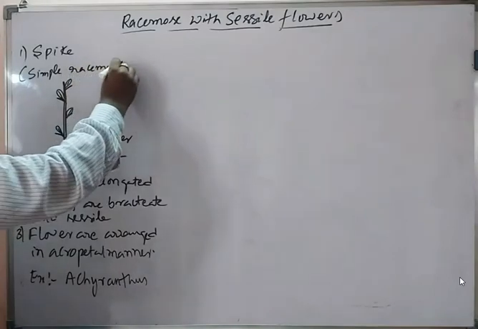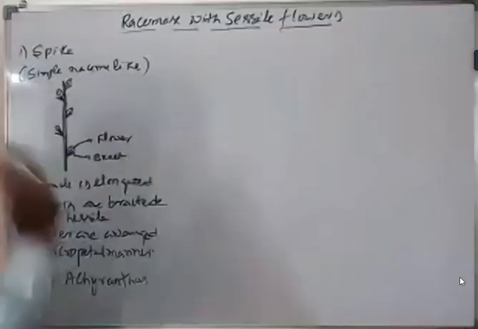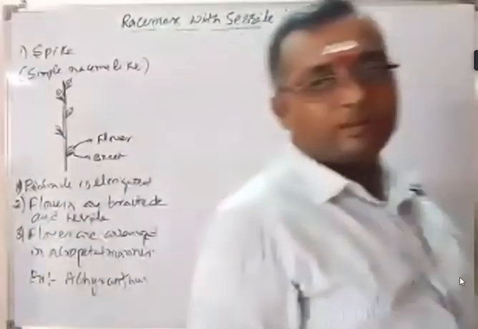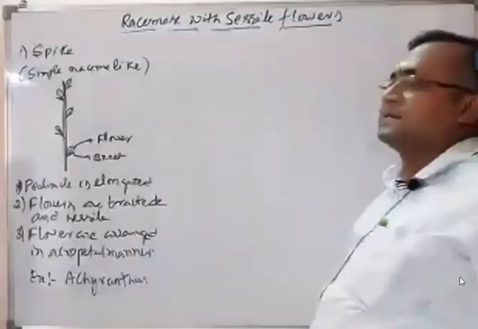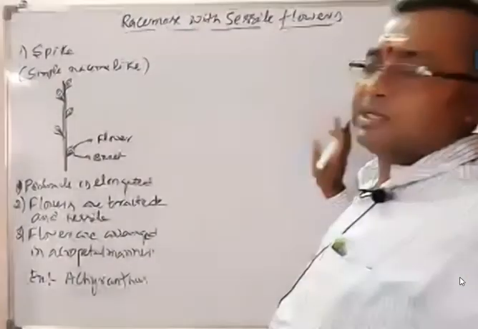The only difference between raceme and this is the presence and absence of pedicel. In raceme, pedicel is present. In spike, pedicel is absent.